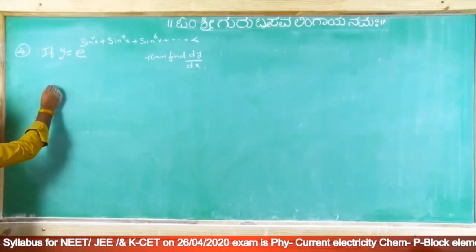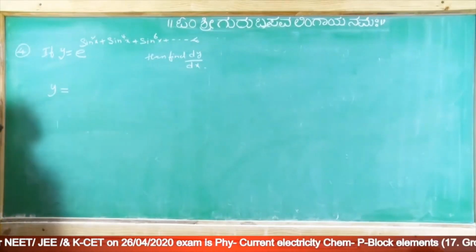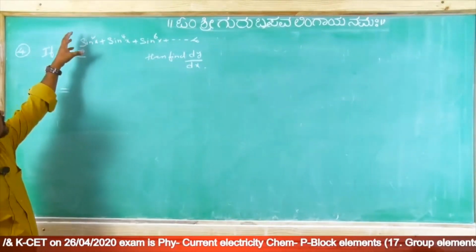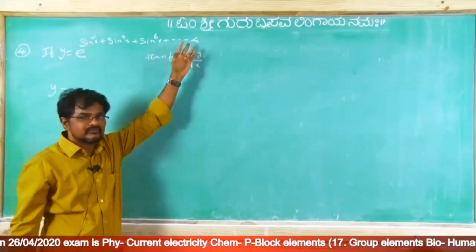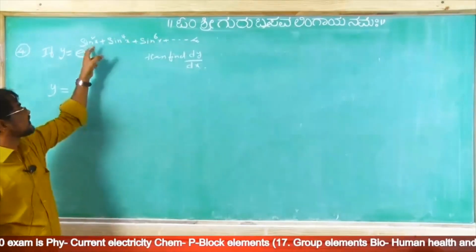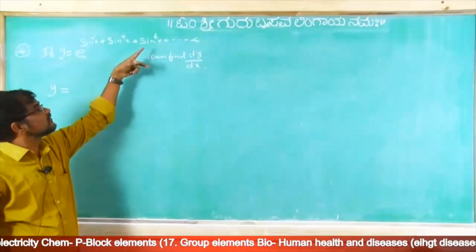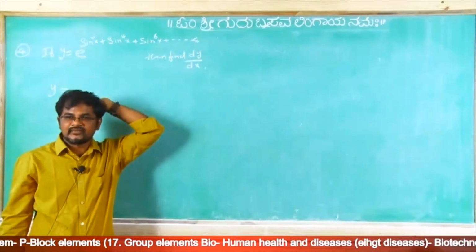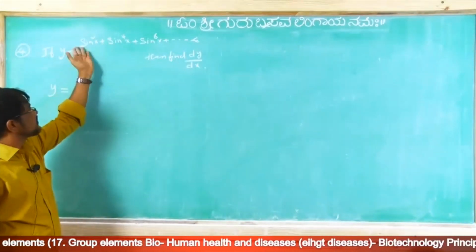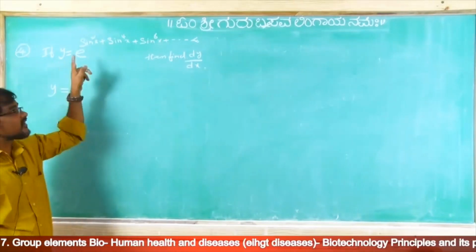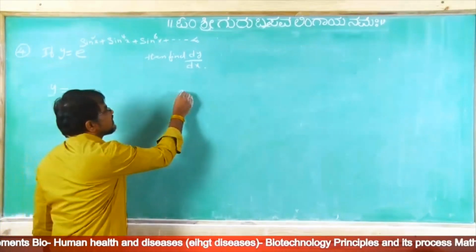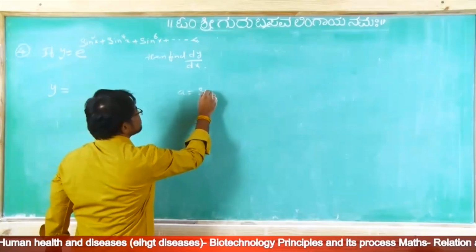Now y equals, once you observe the given series, sin square x, sin to the power of 4, sin to the power of 6, etc. Identify the common ratio. First term is a equals sin square x.